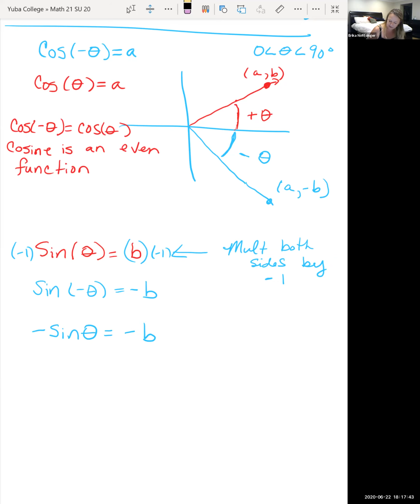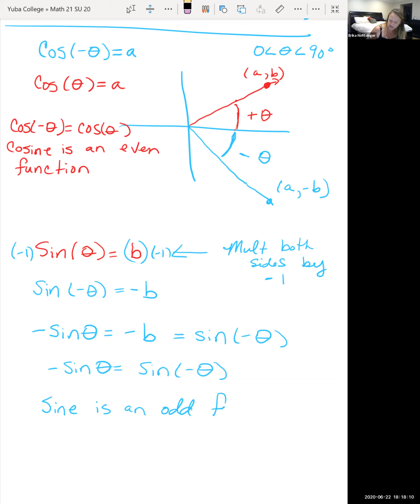Well, that's the same thing as sine of negative theta. So we can say that negative sine of theta is equal to sine of negative theta. So sine is an odd function.